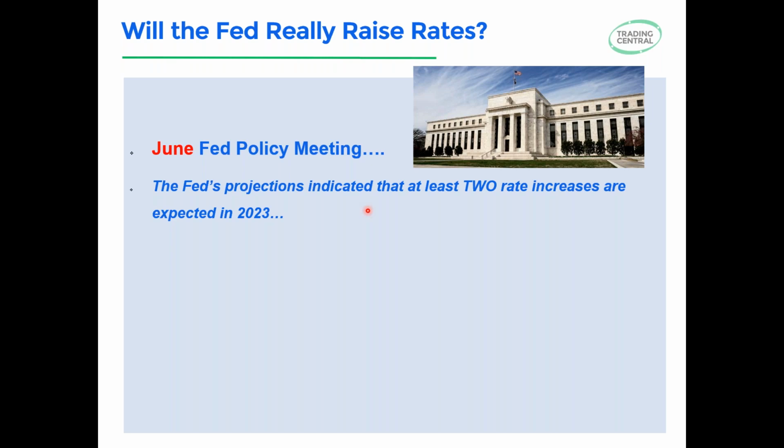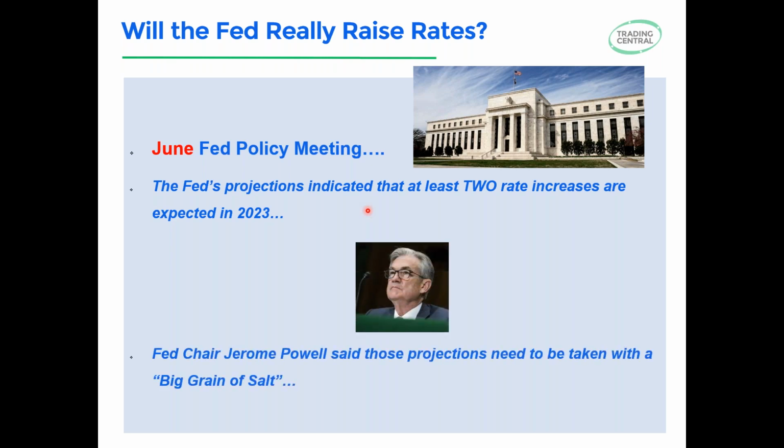Listen very carefully. And how about Jerome Powell, the Fed chairman? He said those projections need to be taken with a big grain of salt, meaning don't take it very seriously at the moment. After this meeting, in several circumstances, he keeps telling investors, keeps telling the market, that the CPI price increase situation will subside somehow as time passes.